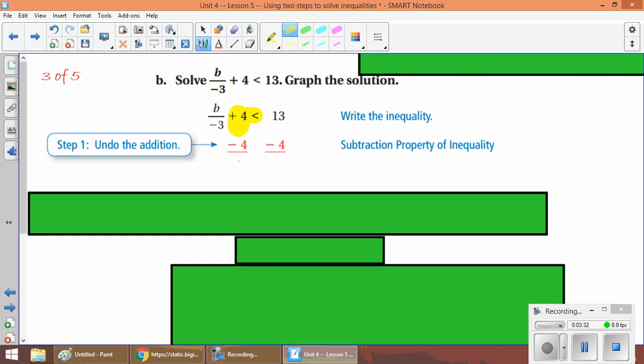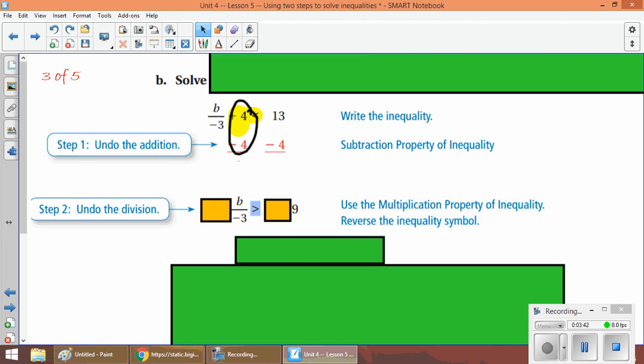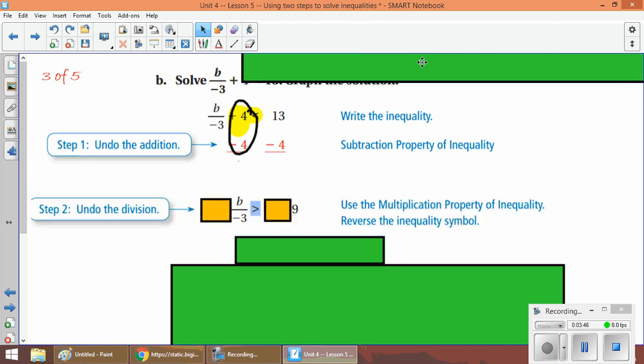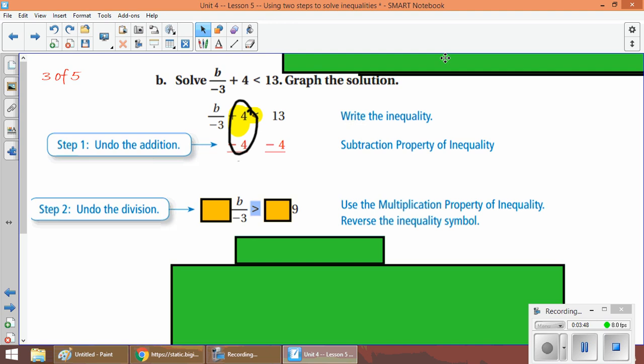In here we have our 0 pairs, so that leaves us with b divided by -3 is greater than 9. 13 minus 4 is 9.